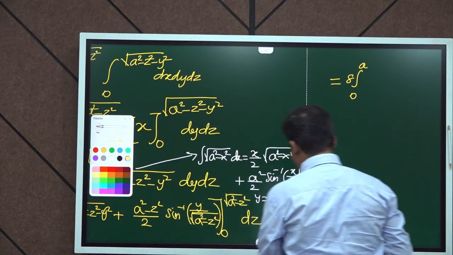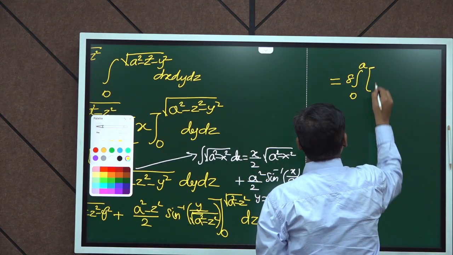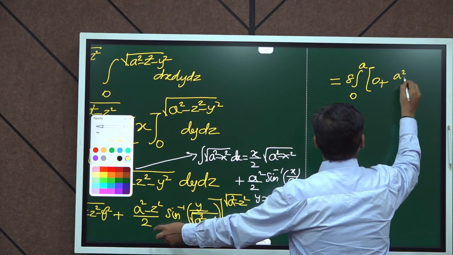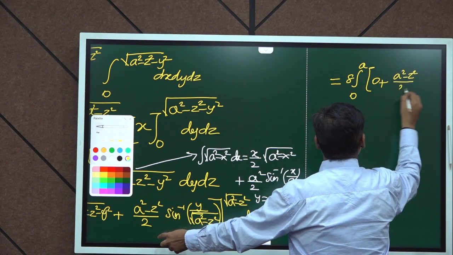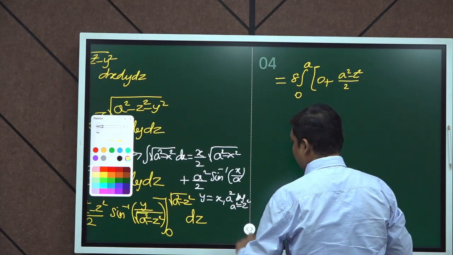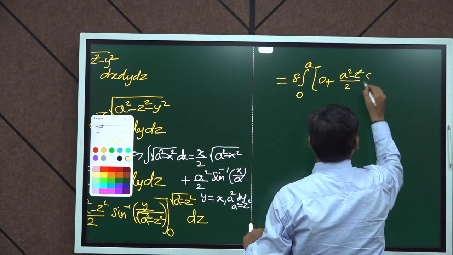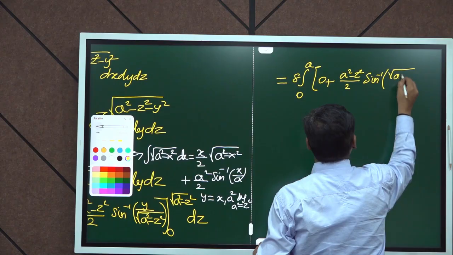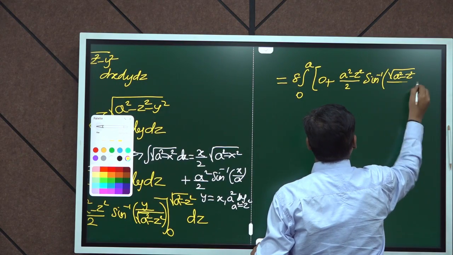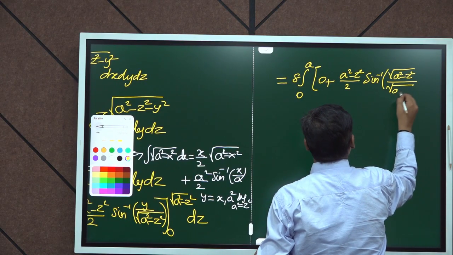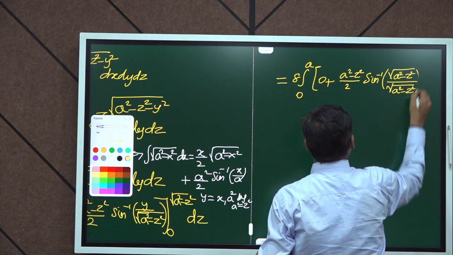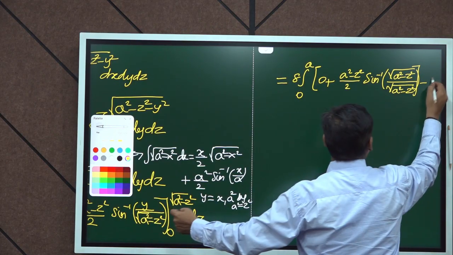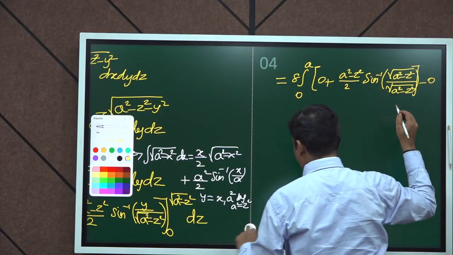Now substitute upper limit, the result is 0 plus a squared minus z squared by 2 sine inverse of the upper limit, which is root of a squared minus z squared divided by root of a squared minus z squared. Then the lower limit is obviously 0.